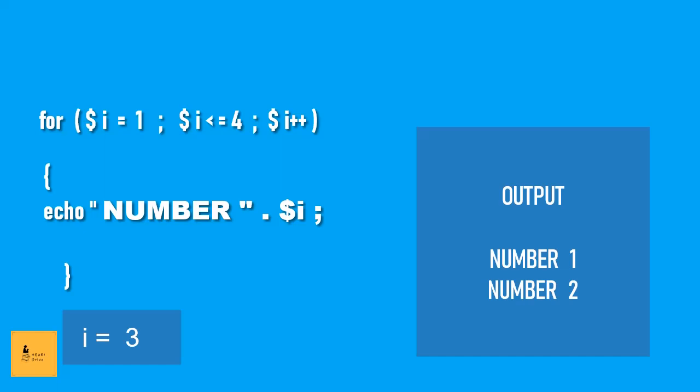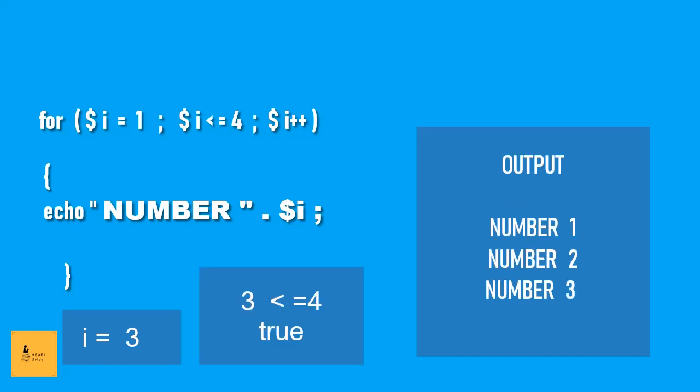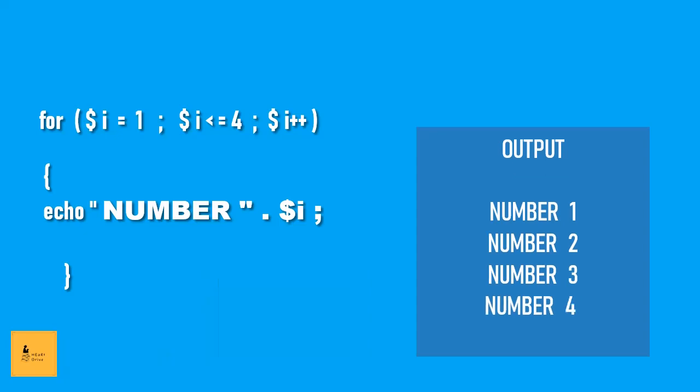Again incrementation, $i will become 3, test condition is true, number 3 gets printed in the output. Again incrementation of $i value to 4. Test condition is true, number 4 gets printed, and then $i gets incremented to 5, but now condition is false, so the loop stops here. This is how for loop works.